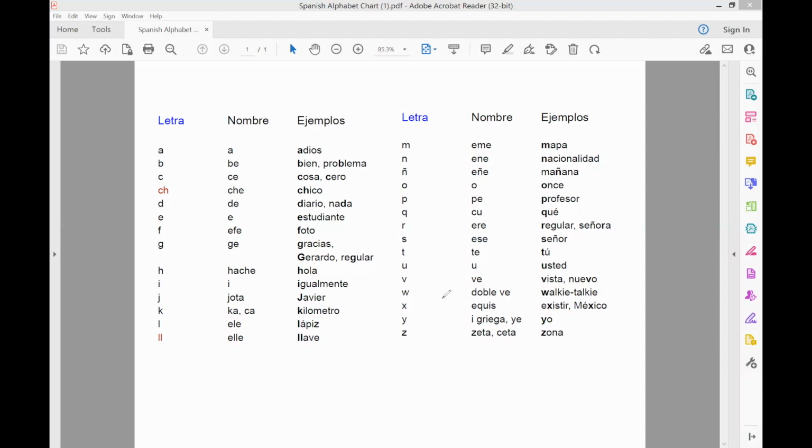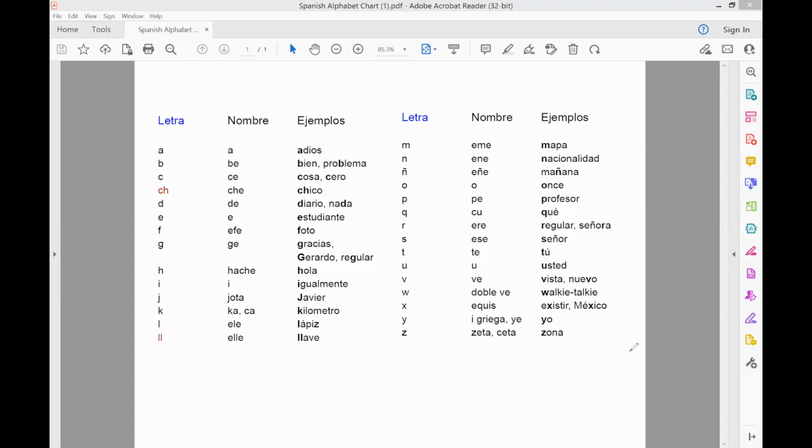You might even see Mexico spelled sometimes with a J. Okay. And repite, Y. Yo. So Y is the name of the letter, meaning Greek I, because it has the same sound as an I, the E sound.